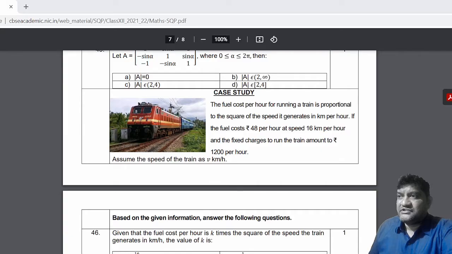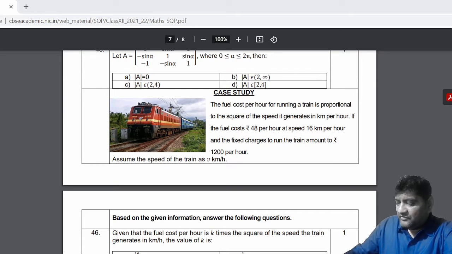Now the next information is also important. The fuel costs 48 rupees per hour. So the cost of the fuel is 48 rupees per hour, and for that, the speed is given to me as 16 kilometers per hour.